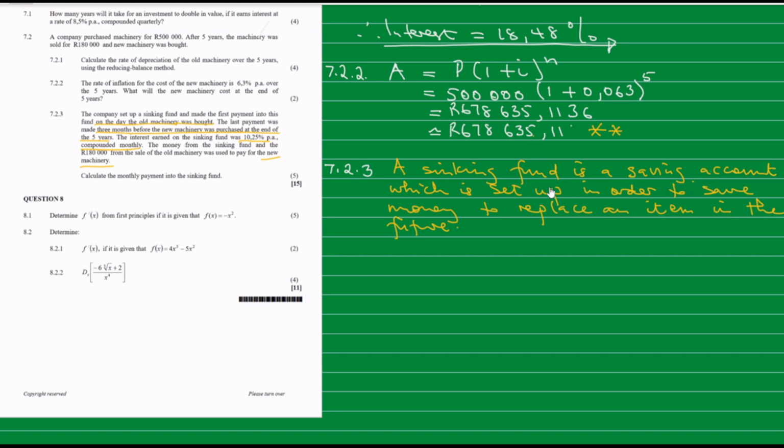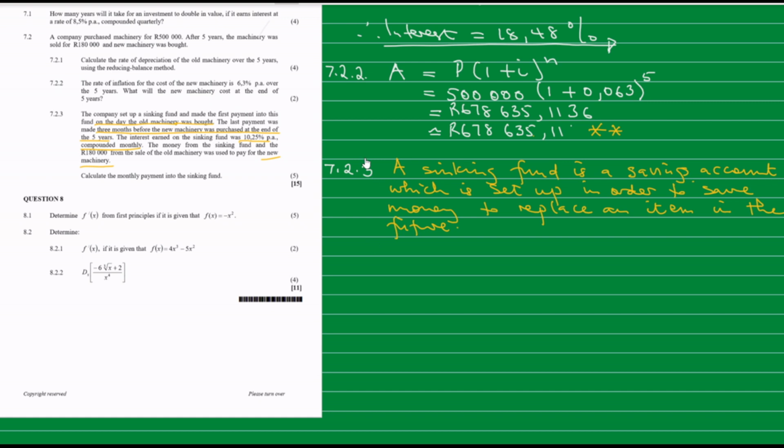We will start saving some money now, so that 5 years from now we'll be able to take the money from that account and add it to the book value of that machinery and buy the new machinery. So what we need from this question is, first of all, how much money do we need to save? How much money are we targeting for our savings account?